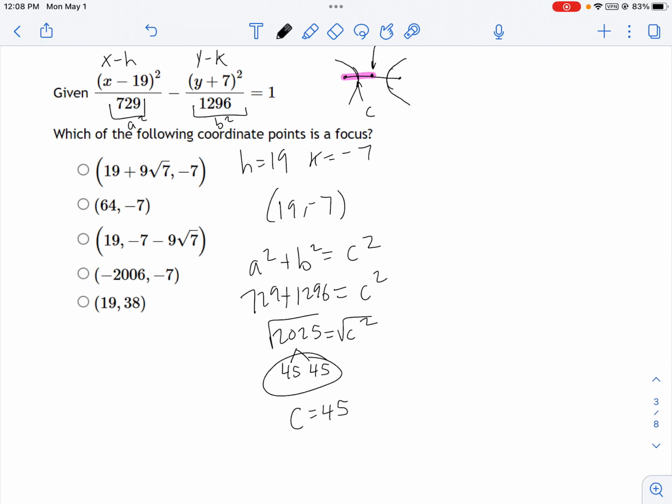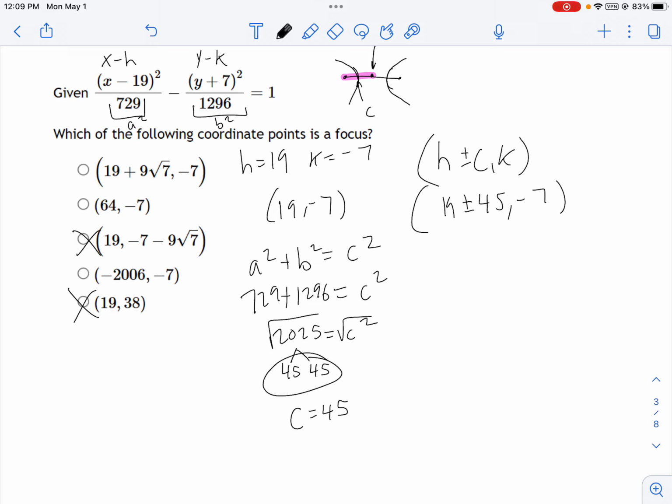So we know that it's going to be a distance of c. We just found c, which means our two focus points are h plus and minus c comma k. Our h value is 19, plus or minus our c value, 45, comma our k, negative 7. Which means right now you can wipe out two of these solutions because you know it's going to be the negative 7 by itself.